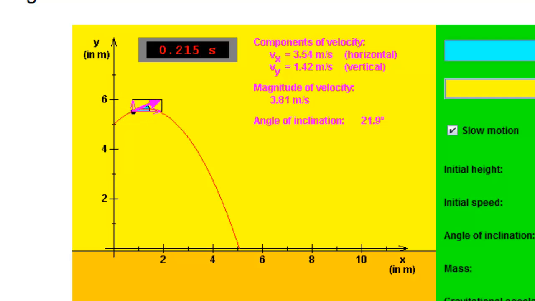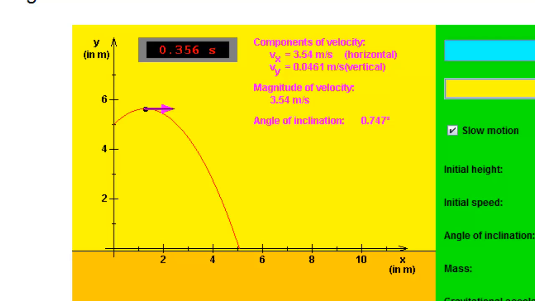You can see it goes up, and just at the very top of our motion, what do you notice happens to the vertical? So as it goes up, that vertical velocity is getting less, and it reaches a point where it's 0, as would happen if you threw a ball directly up in the air. At the top of the motion it's 0.